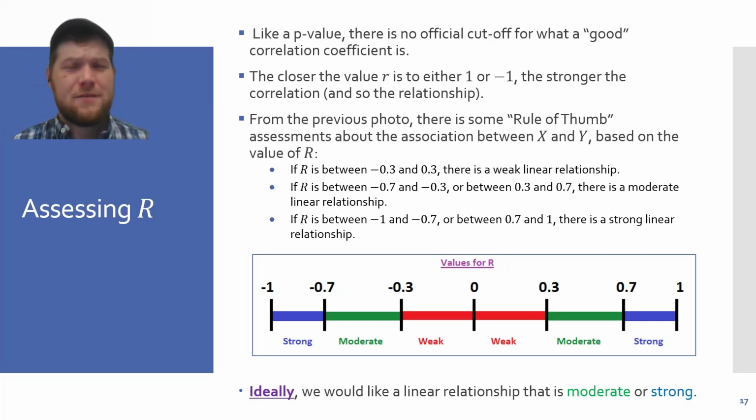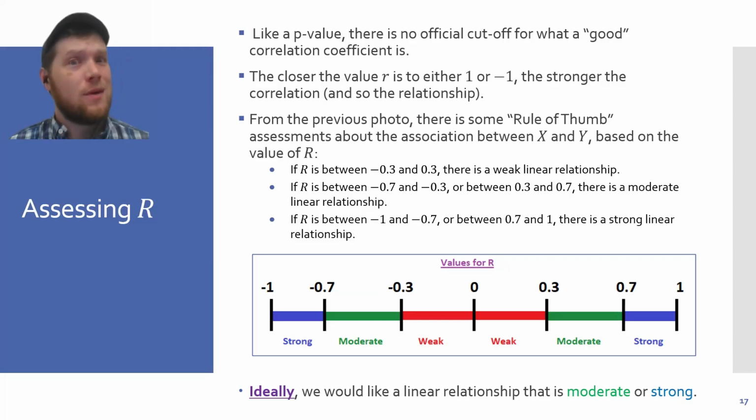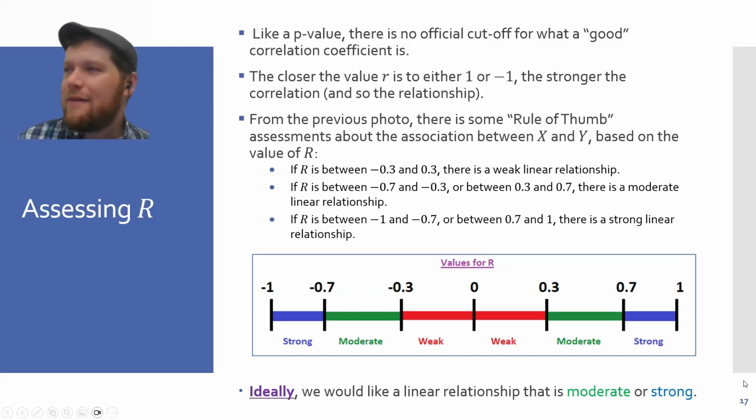So based on the previous photo, the closer the value r is to either 1 or -1, the stronger that correlation, that relationship would be. So ideally, we want them to be really as far away from 0 in either direction as possible, because that suggests that we have a strong relationship. But a good rule of thumb, if I'm getting values between about -0.3 to +0.3, this is a weak linear relationship.